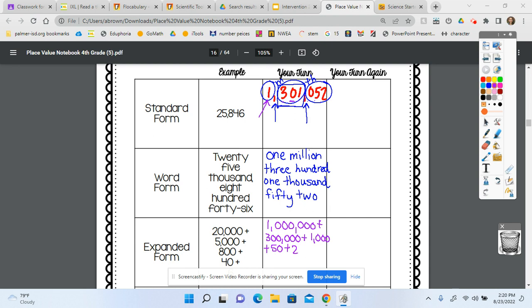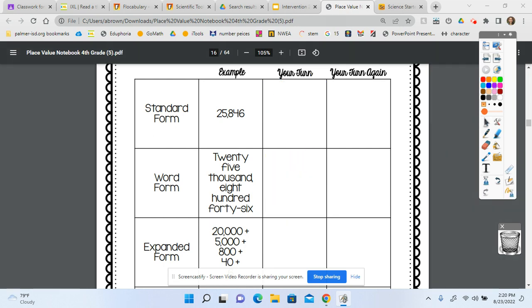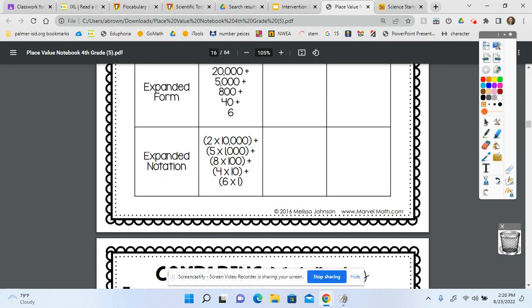Now I'm going to erase this. And we're going to do the same number in expanded notation. I'm just going to rewrite this number over here so that we can remember what we were writing. So remember, when we're doing the expanded notation, it's like you're at the bank.